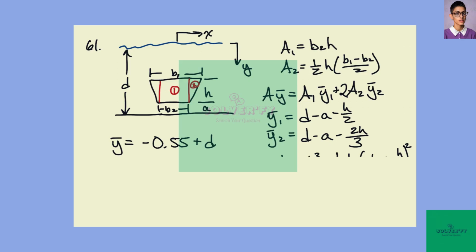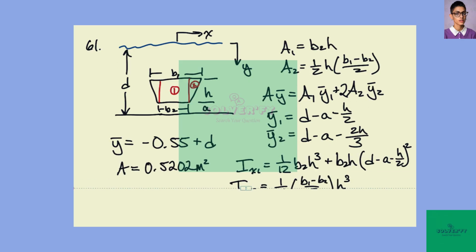Now, if we calculate the area, which we had to do to get this anyway, we can calculate area moments about the x1 axis. So this is about the x-axis. And for the square, its centroidal area moment is this value.